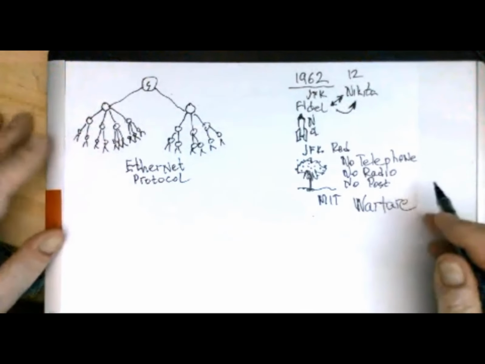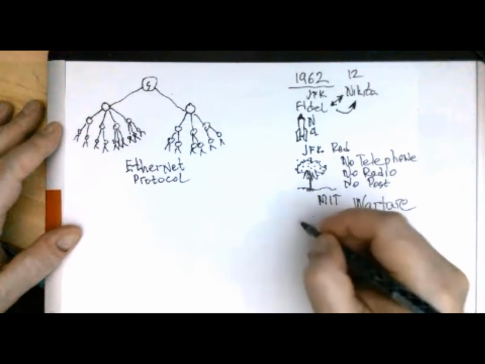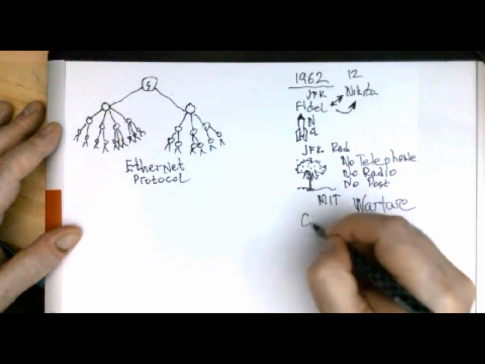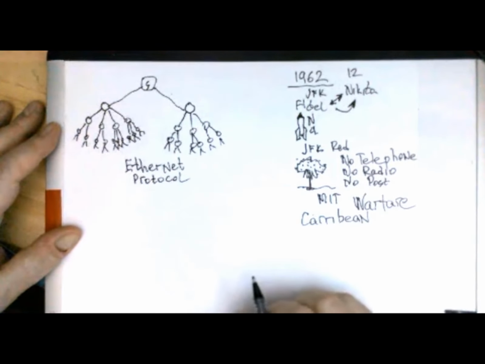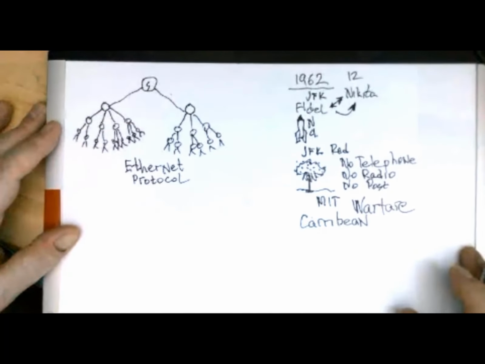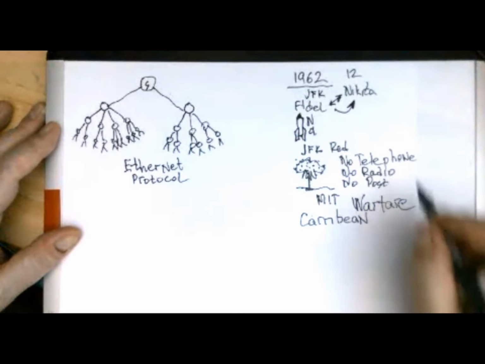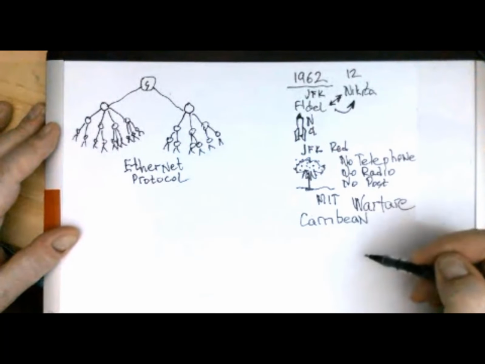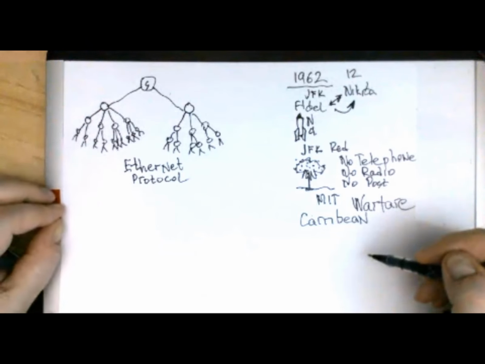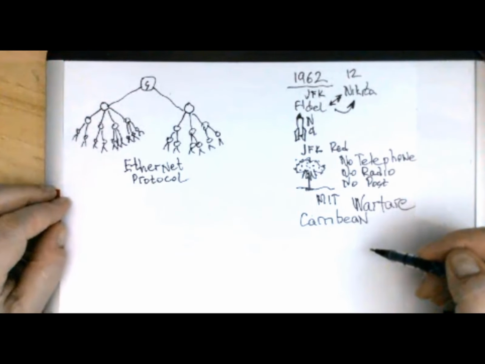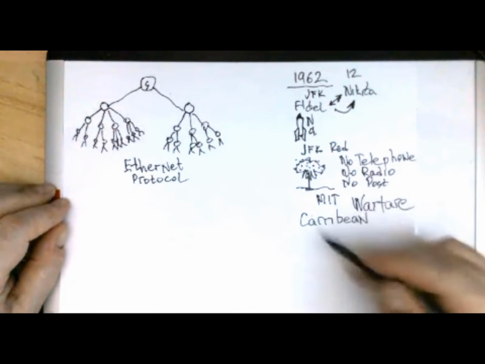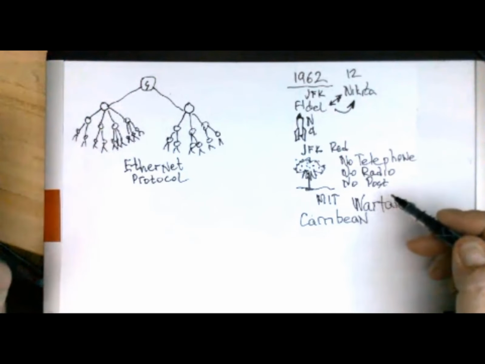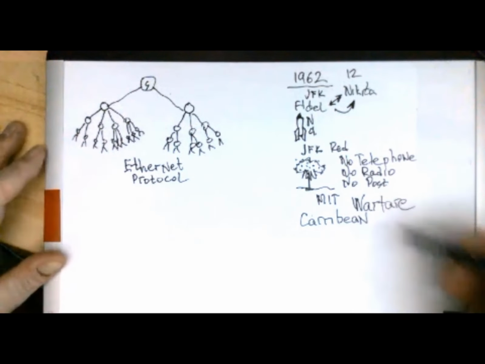Why do I tell you this dramatic story, folks? Because this story is famous as the Caribbean crisis. And the world was actually one step from total destruction, because that was on the threshold of nuclear world war.